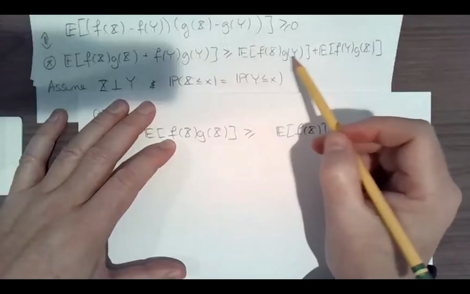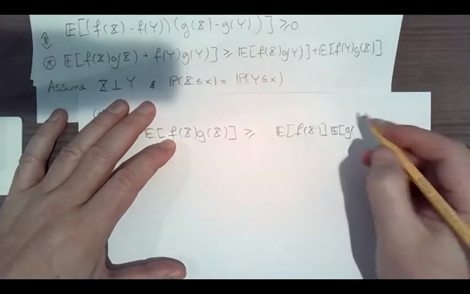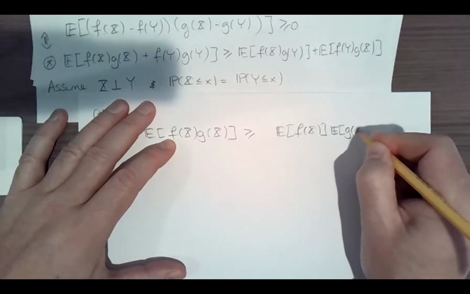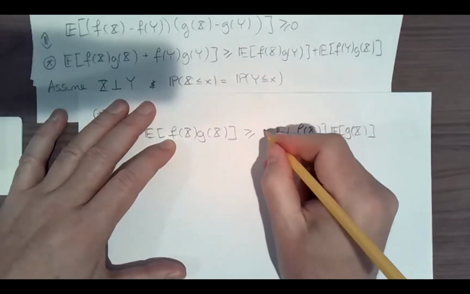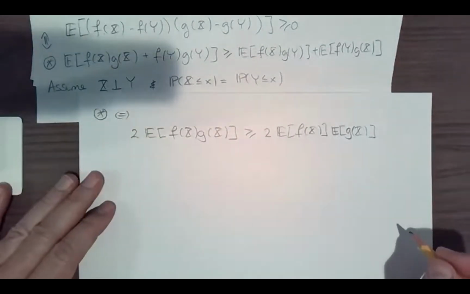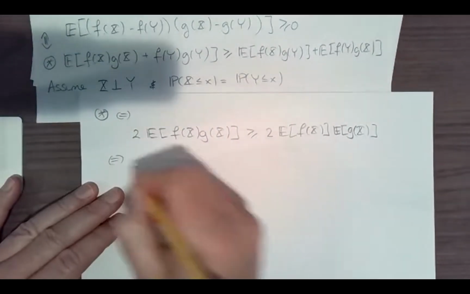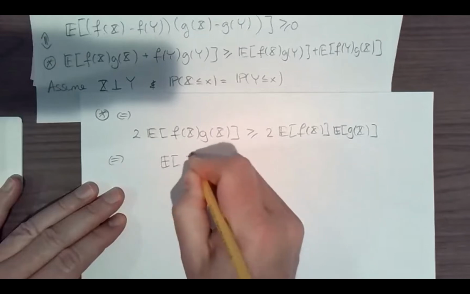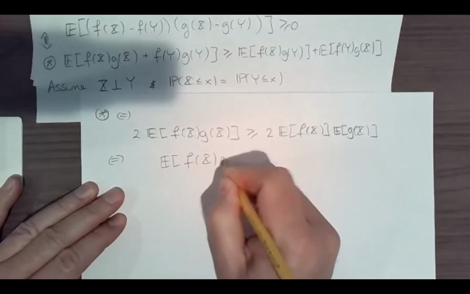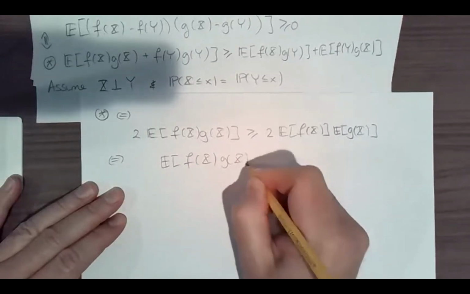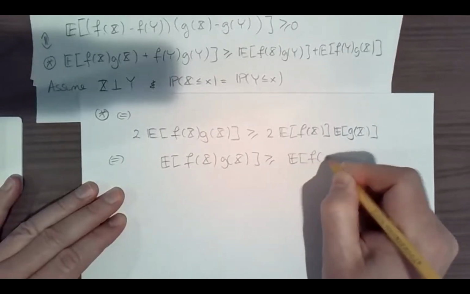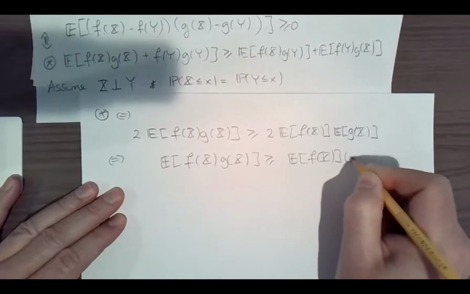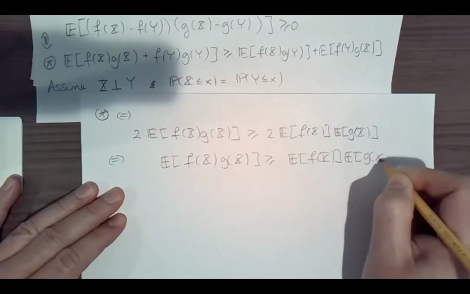And whether I write x or y is the same because you have the identical distribution. So here I can write x. And I'll do the same thing over here, and that will give me two of these. So I get that the expectation of f of x, g of x is bigger than E of f of x times E of g of x.